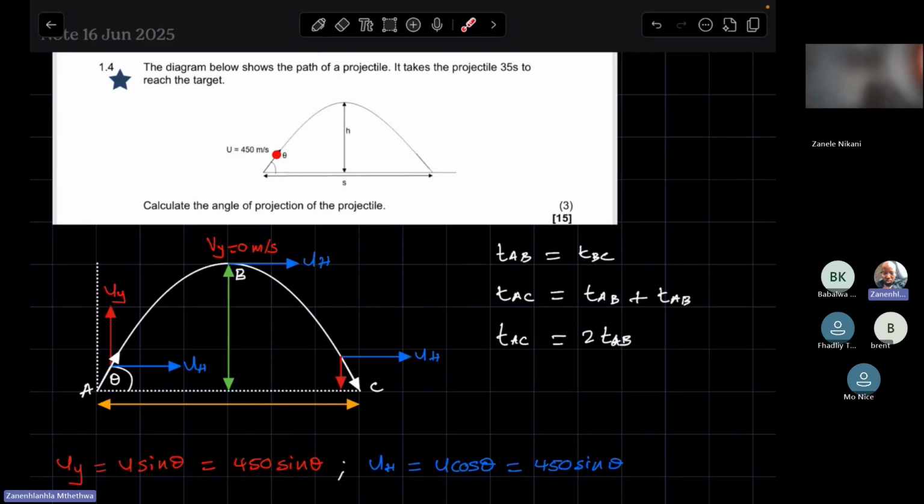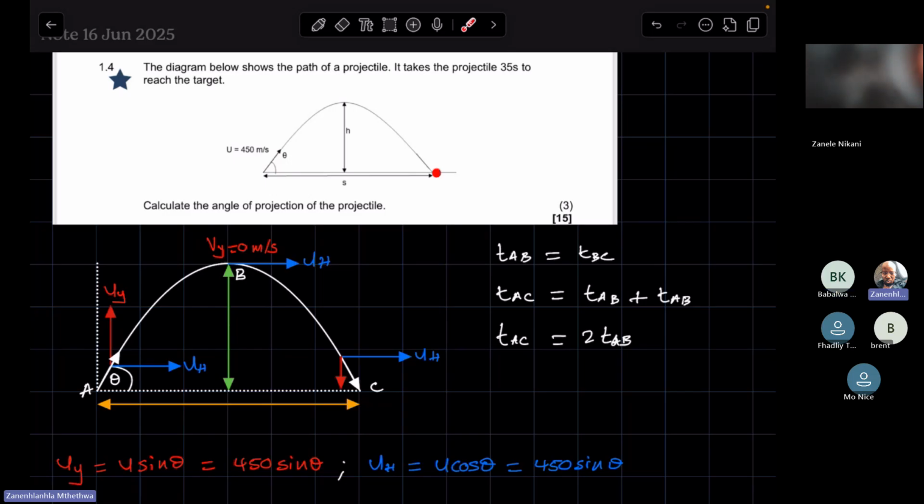We're not just looking for the angle of projection, we are looking for the angle of projection when the projectile takes 35 seconds to move from the initial point to the last point.